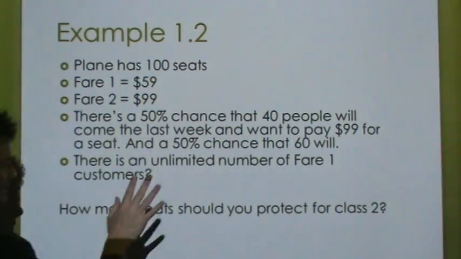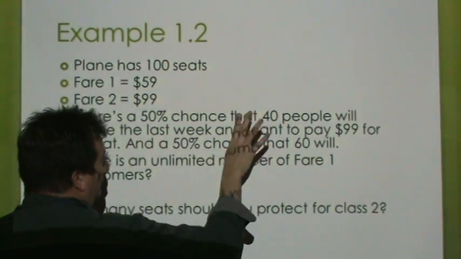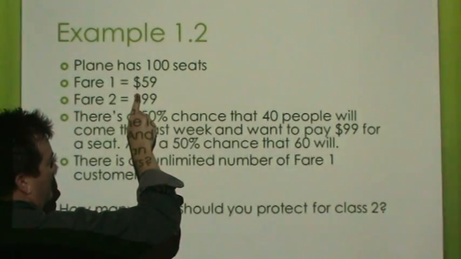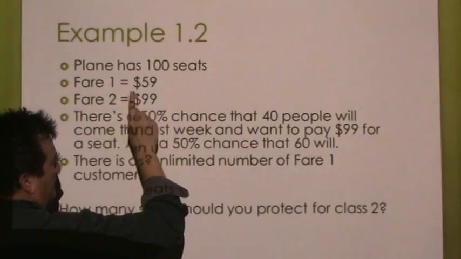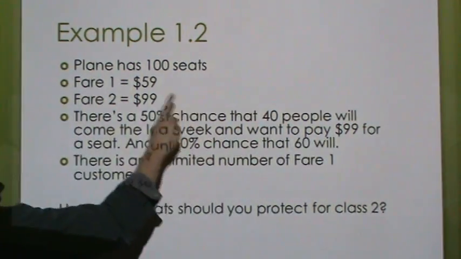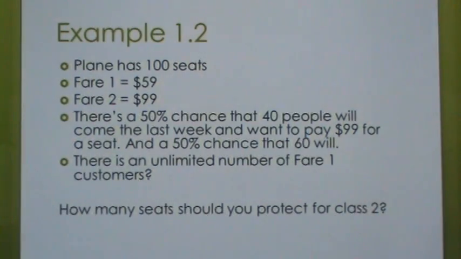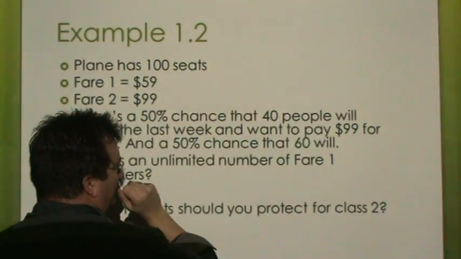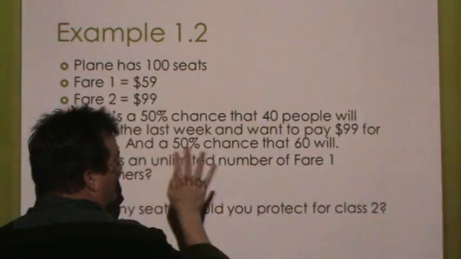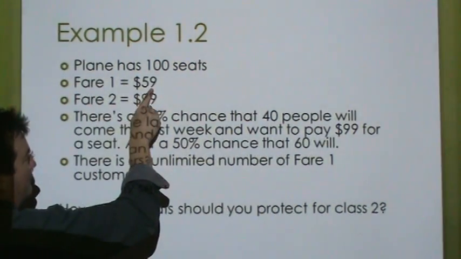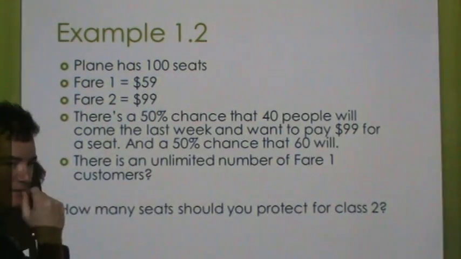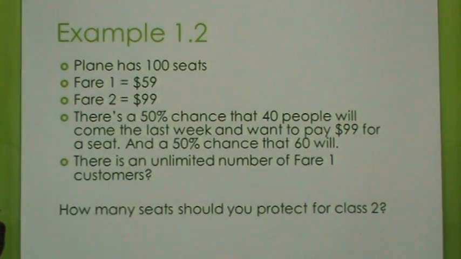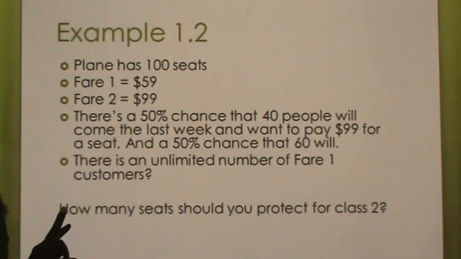Okay, so if we protect 40, we will definitely get 99 times 40 and 59 times 60. If we protect 60, we will get 40 times 59 and 99 times 60, or just 40 times 99.